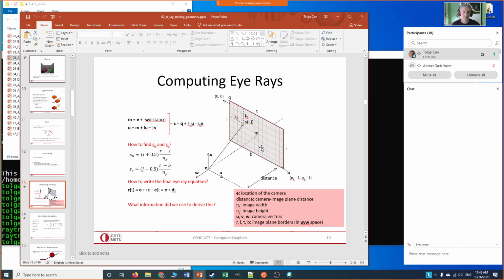Okay, so let's start. If you remember, we talked about how we generate rays originating from an eye point and passing through the center of a pixel. Based on the resolution of your image, you're going to be generating a certain number of pixels, and you will be computing the color of the entire pixel based on this single ray.